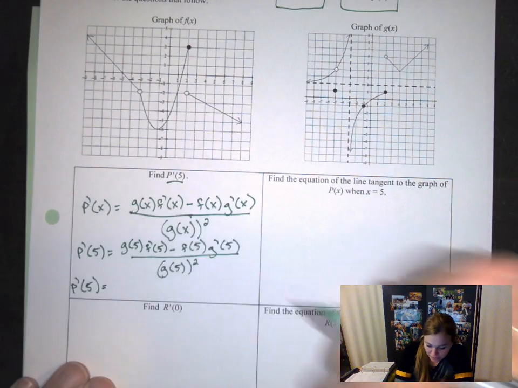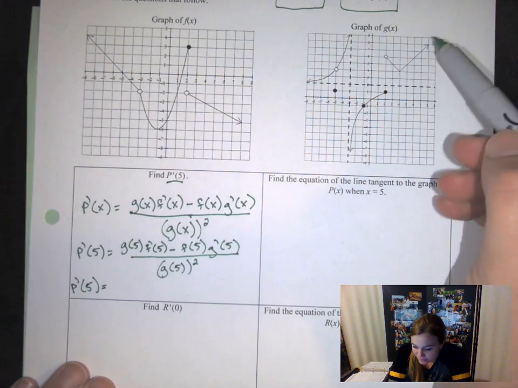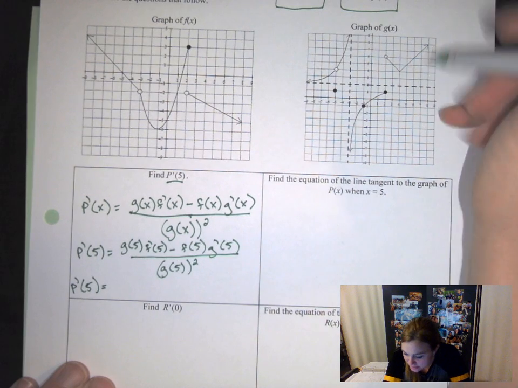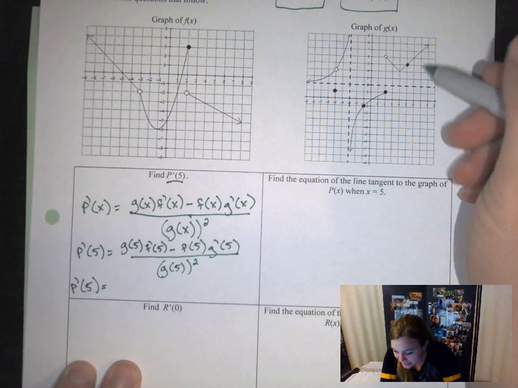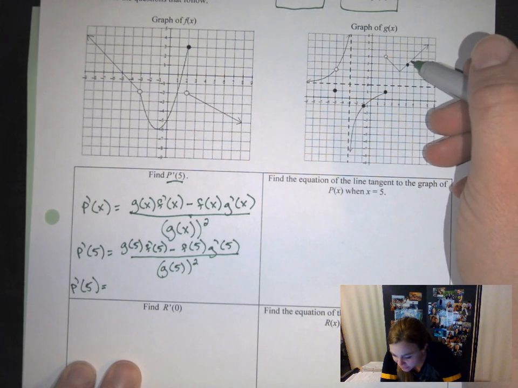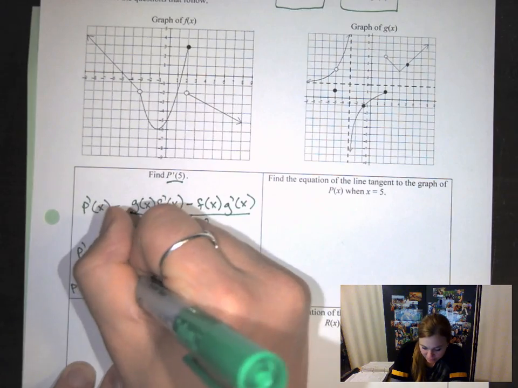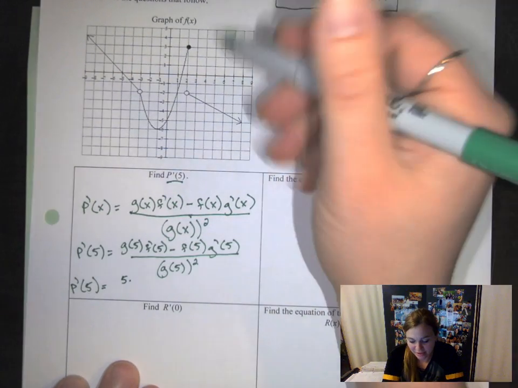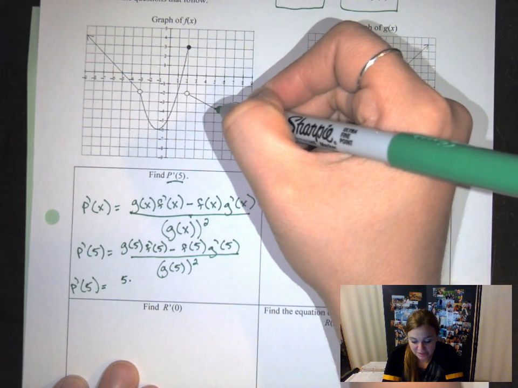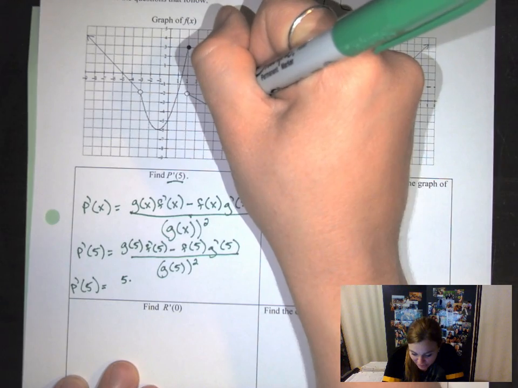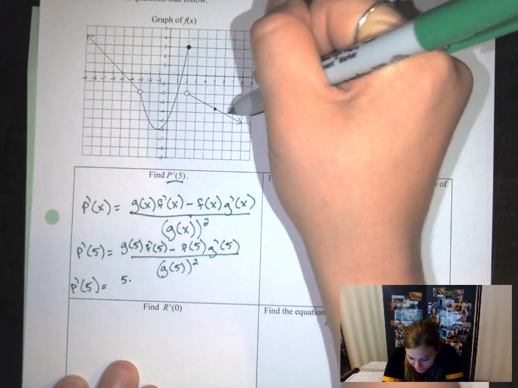P prime of 5 is g of 5. G of 5 is up here, and that would be 5, times f prime of 5. So if I go over to 5 here, I can see f prime is just the slope. If I count this, let's find 2 points.